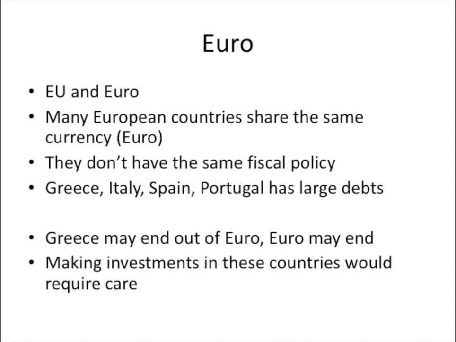Often, those countries have trouble meeting those debt obligations, Greece in particular, and eventually not meeting its debt obligations may require other countries within the EU to subsidize Greece, reduce the terms of the debt, or cause Greece to go out of the EU. Making investments in those countries, Greece, Italy, Spain, and Portugal, may face difficulties in the future.